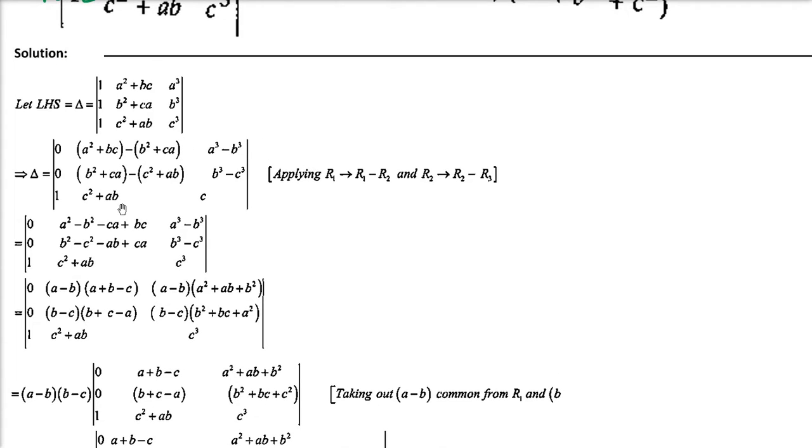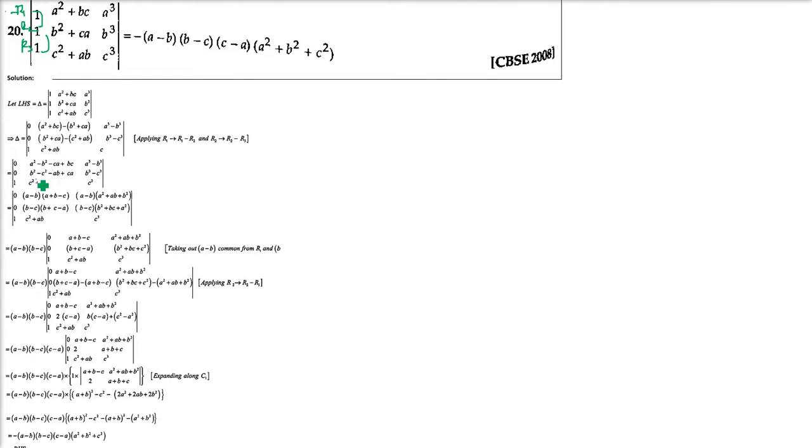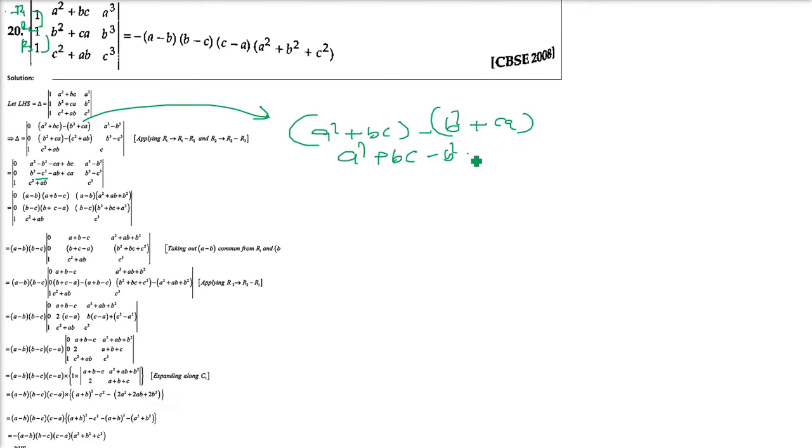Now, what do we get? Let me just do this one for you, because a square plus bc minus b square plus ca we are doing. So we'll get something common here. a square plus bc minus b square minus ca. So when you open this, we get a square plus bc minus b square minus ca. A squared minus b squared, you can write it as a minus b, a plus b.